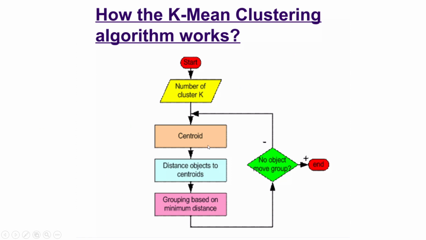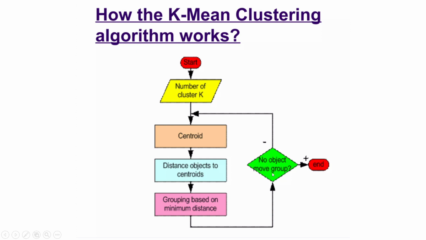Here we assume centroids based upon the k value we have taken. By taking that k value, we will find the distance of objects to the centroid. We will find every object's distance from that centroid. After that, we will group based on minimum distances. If no object moves group, we will end the process.